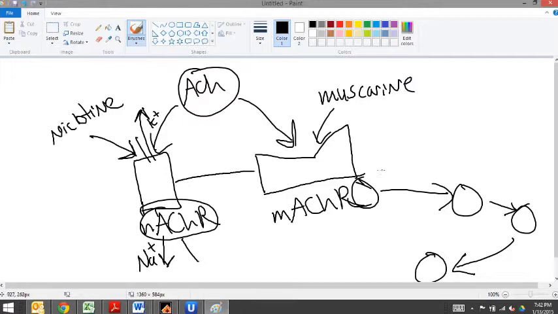So the effects of that muscarinic receptor are much more broad than the effects of activating a simple ion channel receptor such as the nicotinic acetylcholine receptor.